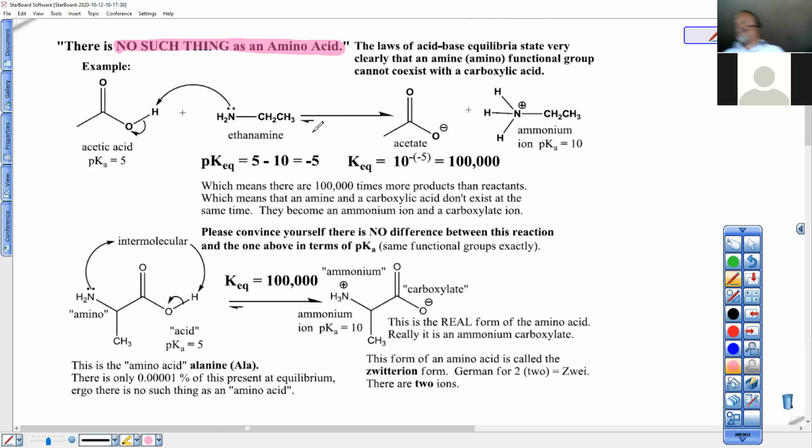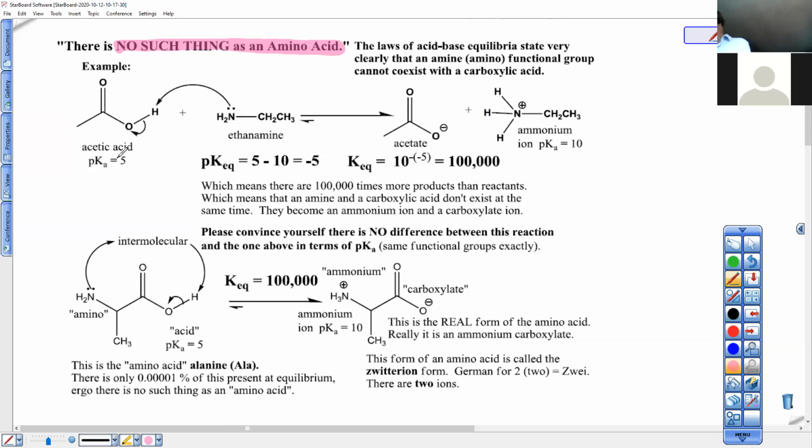The fact is, at equilibrium, when you're done, the product of these two multiplied by each other is 100,000 over one of these. Wow. You have 100,000 times more products than reactants. You have 100,000 times more ammonium ions and carboxylates than you have amines and acids.